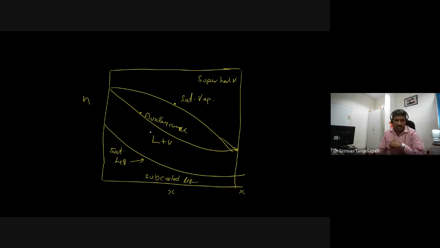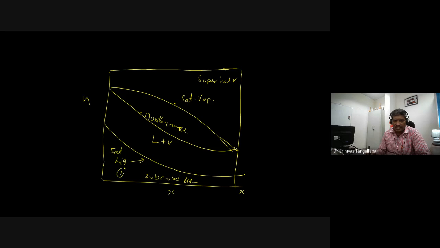Now the saturated liquid and saturated vapor curves show a series of points where we are meeting all the saturated liquid points, and this is all the saturated vapor points. So between the saturated liquid and saturated vapor, it is a mixture of liquid as well as vapor. Here also you are able to see the five regions.